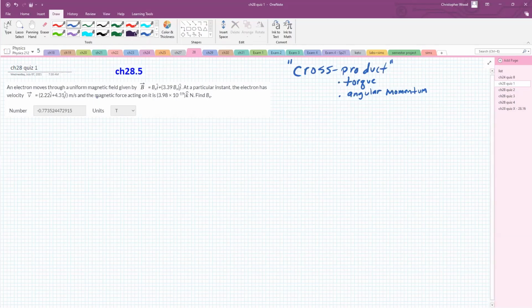So having said that, we now have an electron moving through a magnetic field. So we actually add to our list. How many forces have we dealt with in physics life? We've dealt with the gravitational force, also known as weight, equals mg. We know about kinetic friction, static friction, the normal force, and string tension.